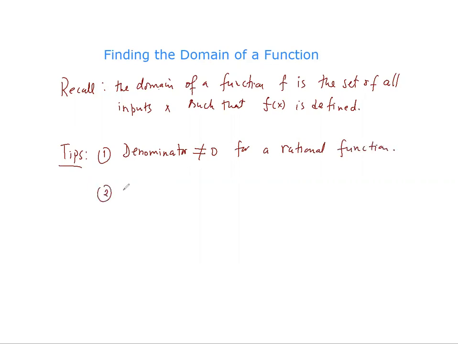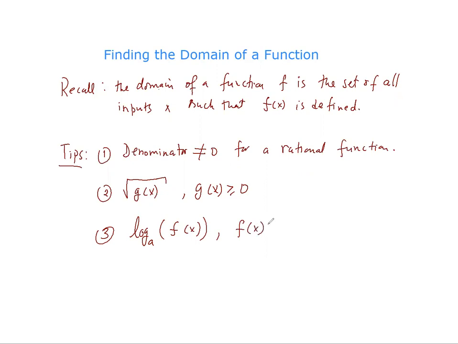Number 2, if you have a square root of function g of x, then g of x must be non-negative. Number 3, if you have a natural log or any log function with any base, natural log of f of x, then this f of x must be positive.